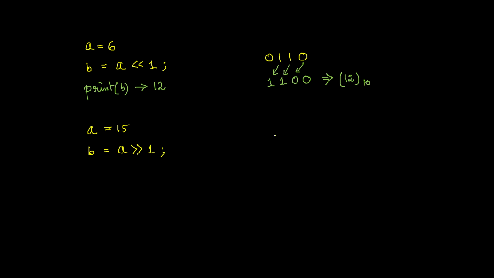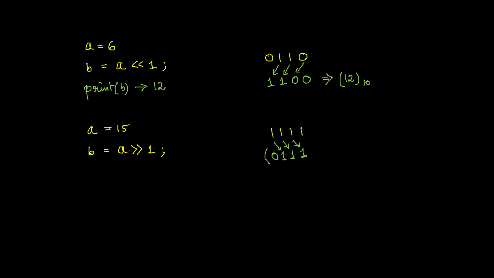So I had 15, meaning 1 1 1 1, right? And if you right shift once, what will happen? This one will come here and this one will be thrown out. This one will come here, this one will come here, and this place will be filled up by 0.